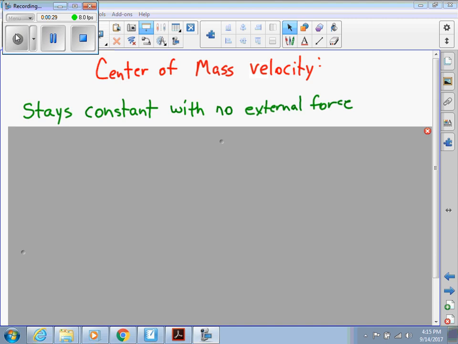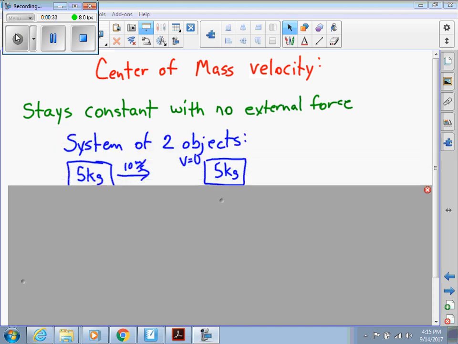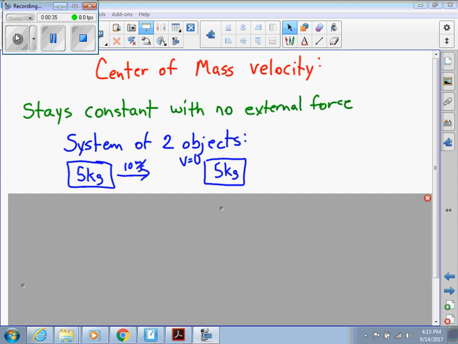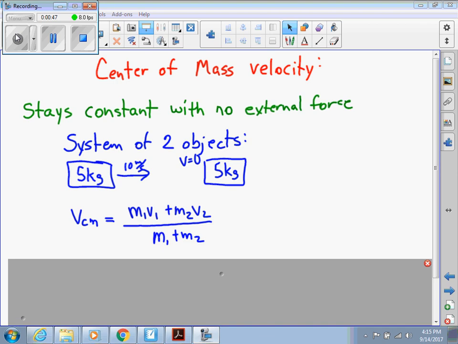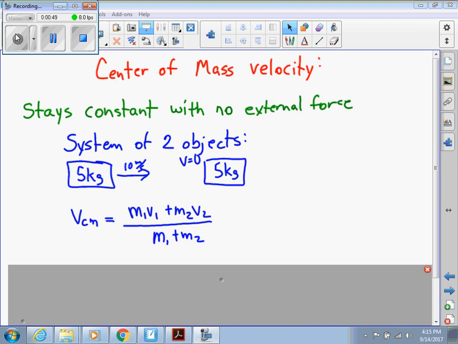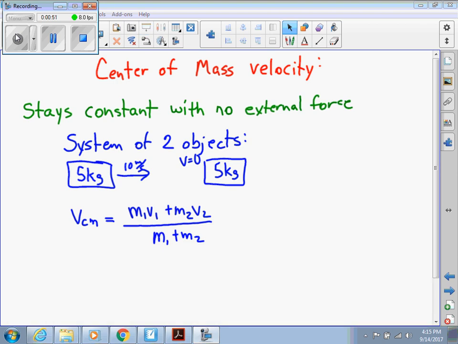to remain the same. And so if we look at this system of two objects, where we have a 5 kilogram mass moving at 10 meters per second and another 5 kilogram mass that's not moving, we can find the velocity of the center of mass of that system.